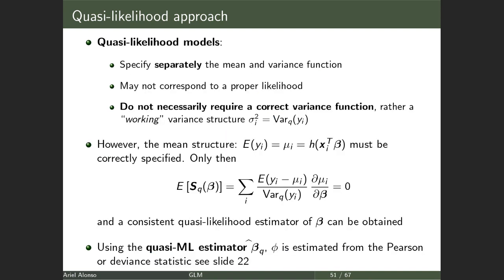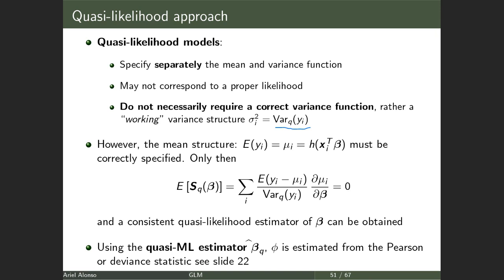Okay, how do you work this out in practice? Well, you specify separately the mean and the variance. Now, this pair of mean and variance that you choose may not be compatible with the exponential family, but that's fine. It may not correspond to a proper likelihood, but to a quasi-likelihood. And you don't even need to get the variance function correct. The variance function you're specifying may not be the correct variance function for the data.